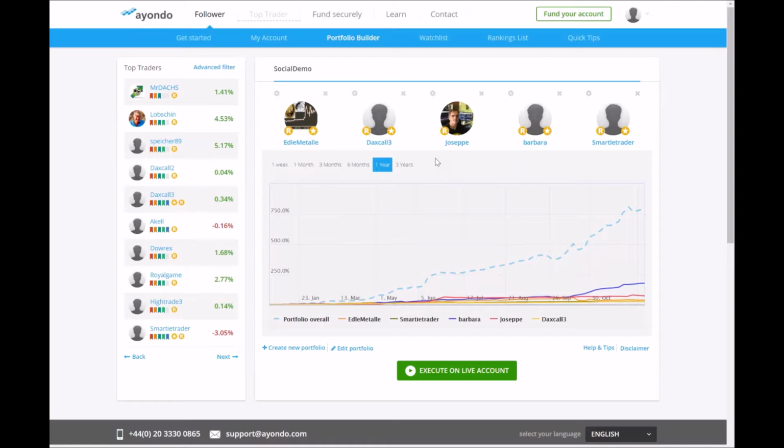At the moment, I am not following their trades. So their trades are not getting carried out on my account until I execute on live account down here. And what it shows me here, this blue dashed line, is an idealized version of my profit or loss.